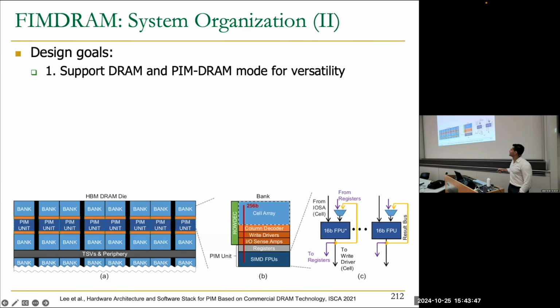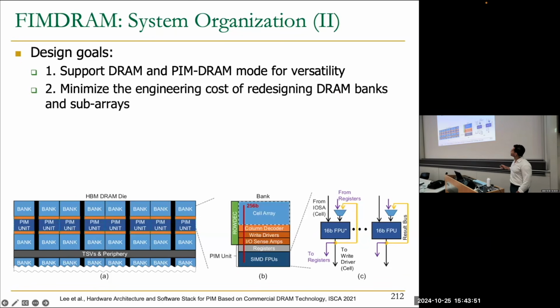This is going to impact how this chip is operated. The second thing is that they want to minimally redesign the DRAM cell area. This area inside the DRAM chip is where they make money, so it's really optimized for density. They don't want to change that or move things around. So they are going to restrict themselves to adding computation to the peripherals.